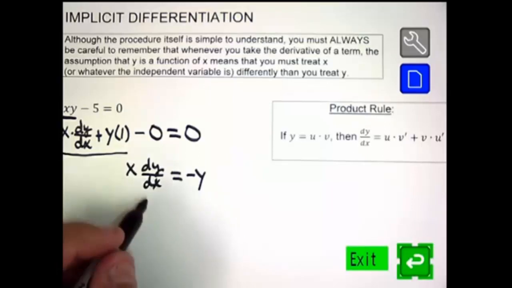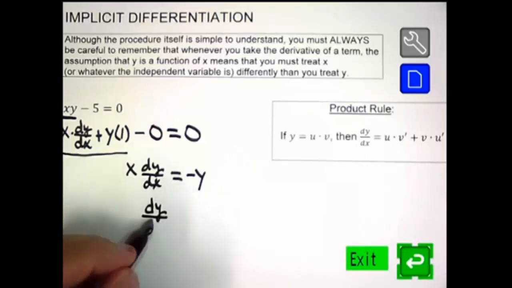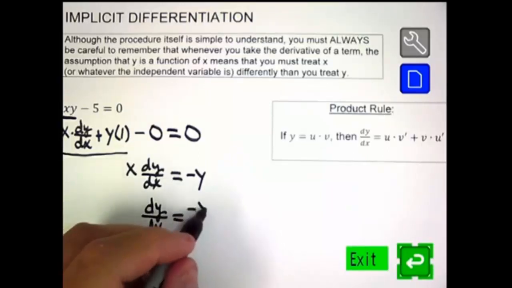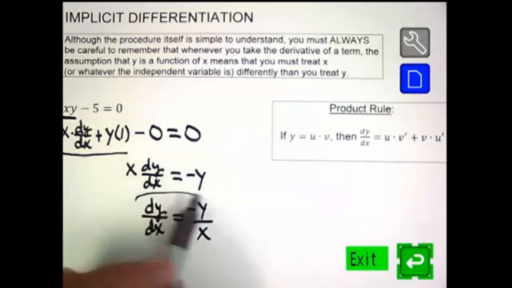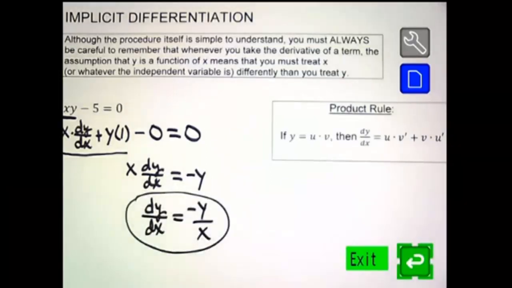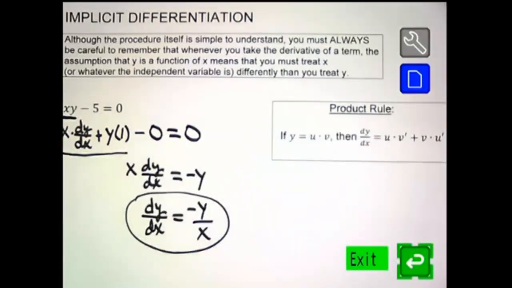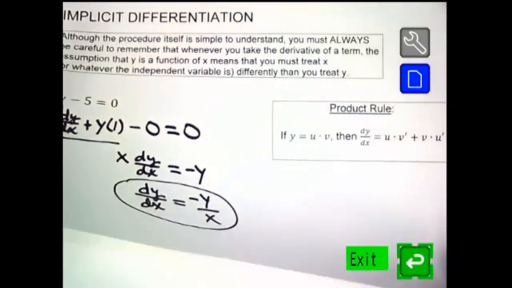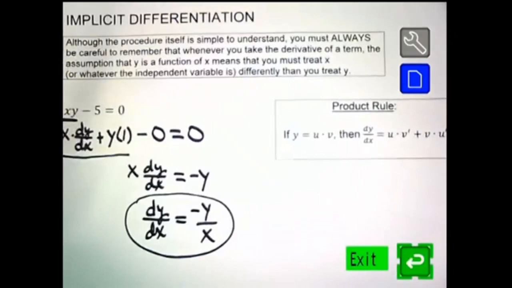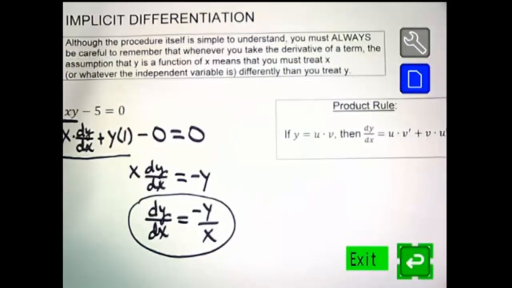Then divide both sides by x, and I get dy over dx is equal to minus y over x. And I've done it. So the point here being, once you're doing implicit differentiation, any other derivative rule that you've had might come into play. I would now go and look at some actual problems that might be a little more difficult and see if you can apply what you've learned here.